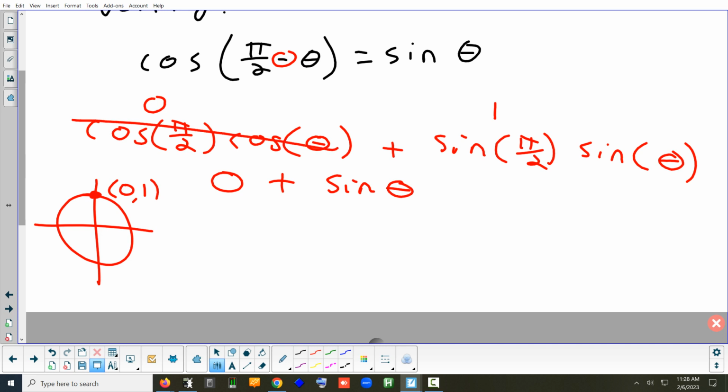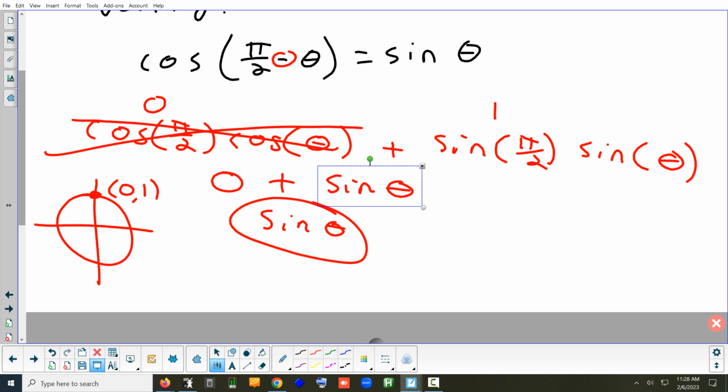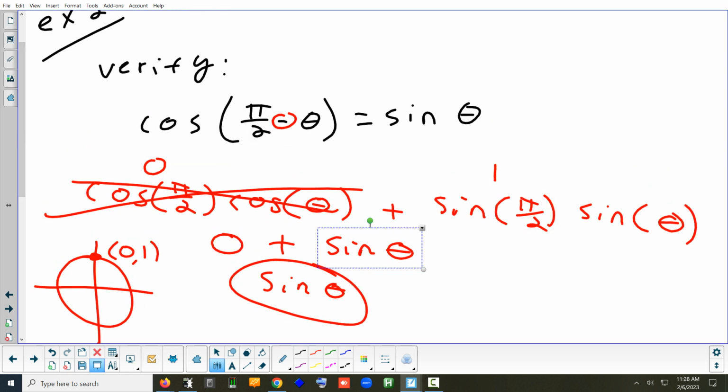Both of those become 0 because you're multiplying by 0 here. 0 times anything is 0, so that whole part's 0. And sine of pi over 2 is 1, and 1 times sine is sine. And what's 0 plus sine? Sine. So we just proved that the left-hand side equals the right-hand side.